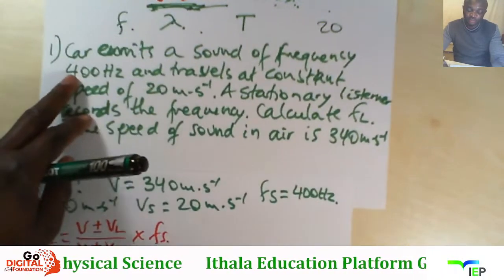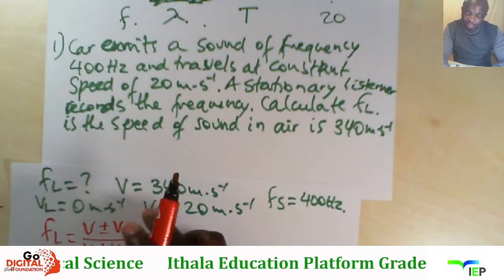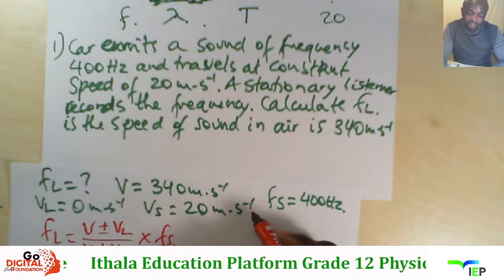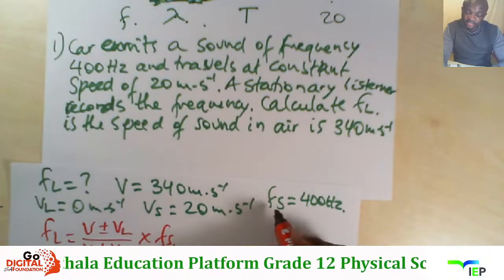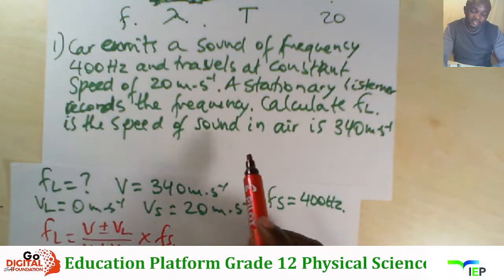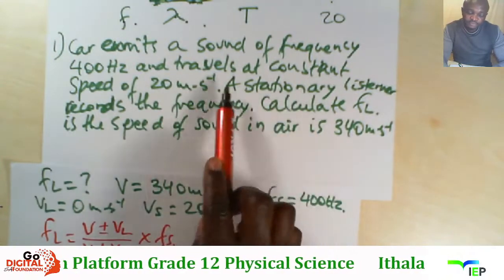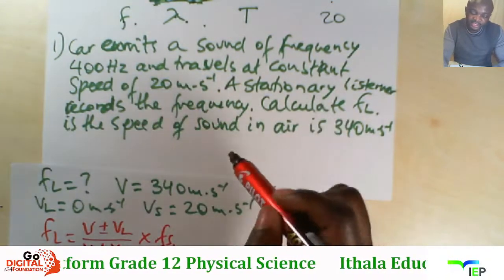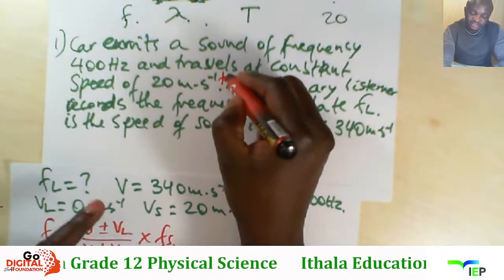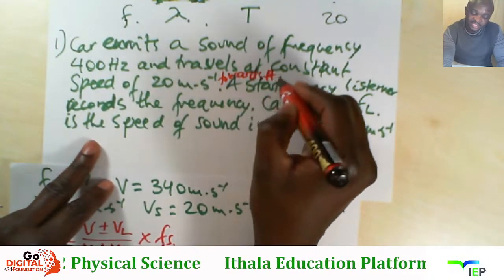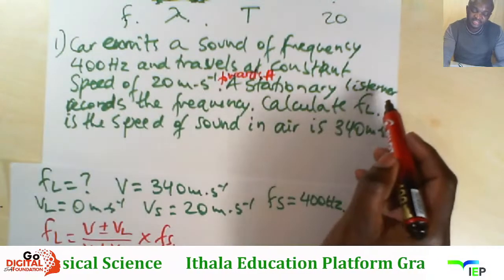By the time you take out the information or data given, make sure you find out whether it is toward or it is away, because they say constant speed of 20, toward a stationary listener.